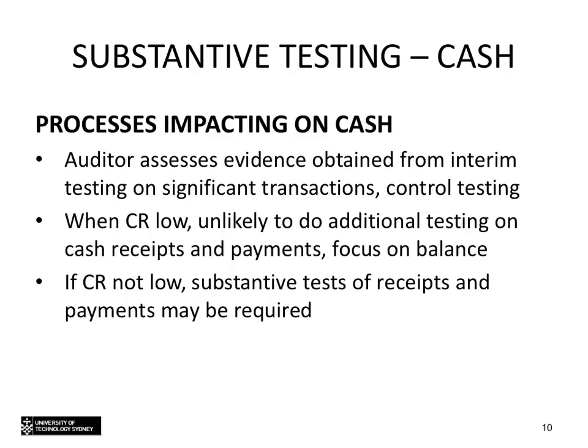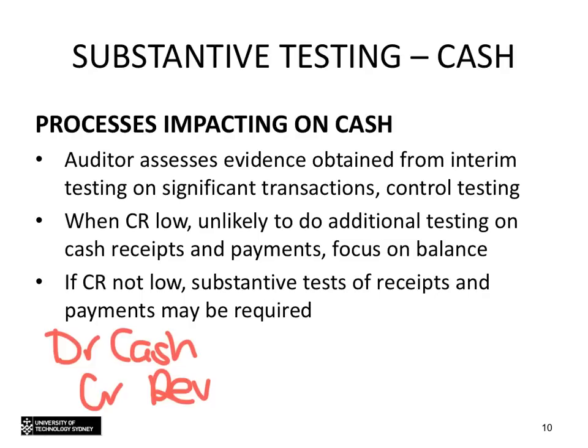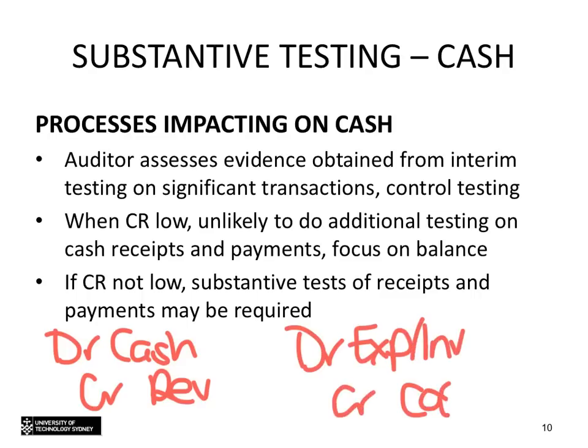Now, in terms of the processes impacting on cash, cash comes up everywhere. When I make a sale, I debit cash or accounts receivable, credit revenue. When I buy something, I debit expense or inventory, depending on what I'm looking at, credit cash.